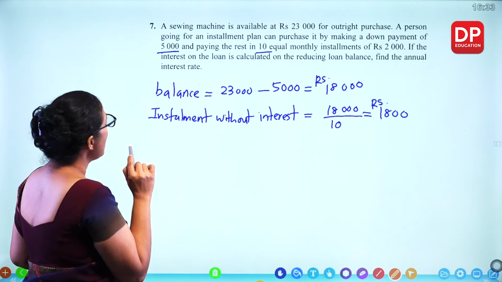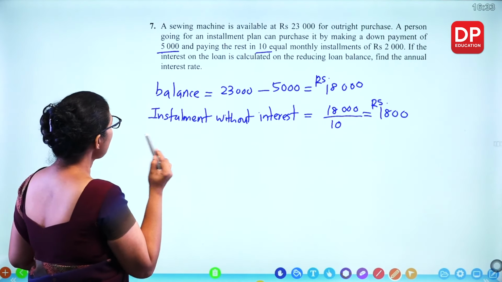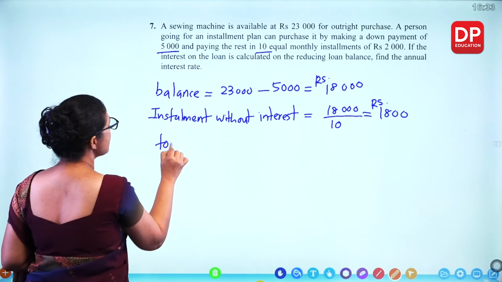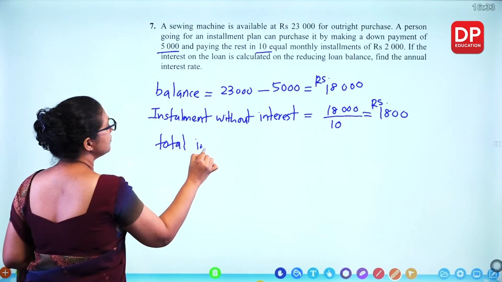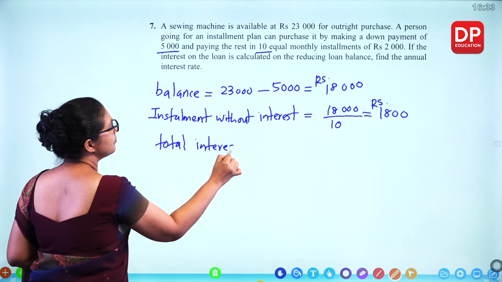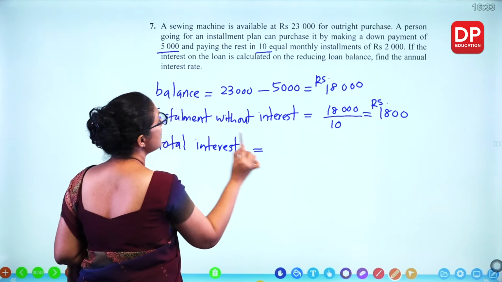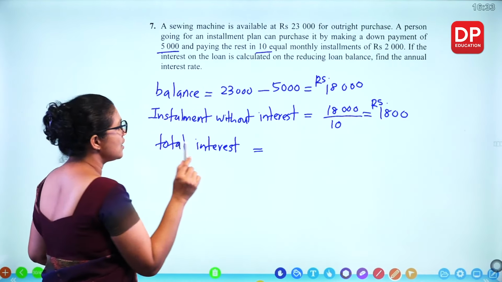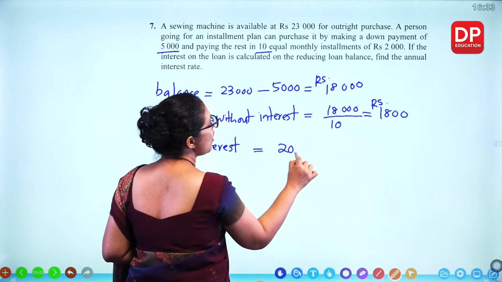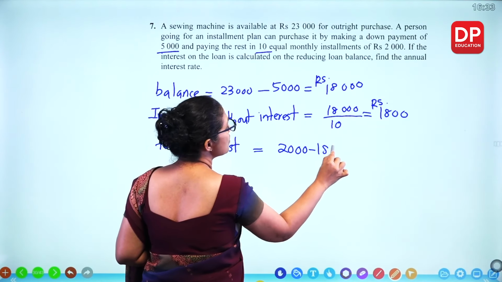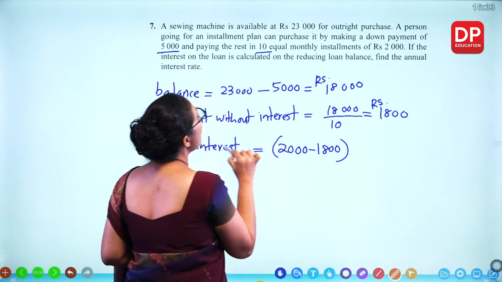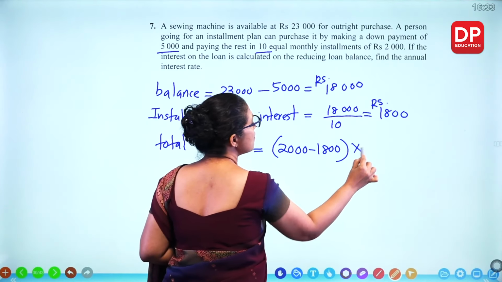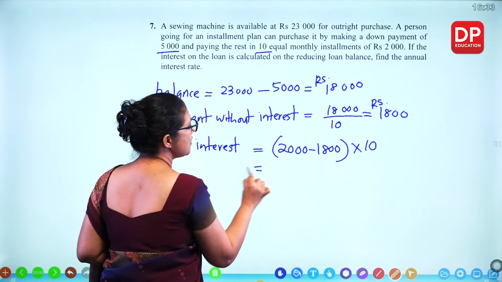Then we have to find out what's the total interest paid. Here, paying 2,000 each. So what's the interest? 2,000 minus 1,800 for 10 months. That's the total interest.